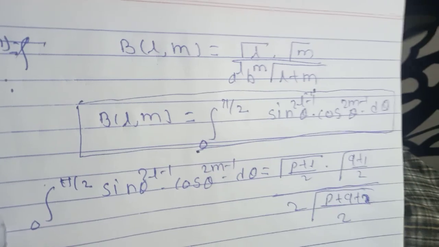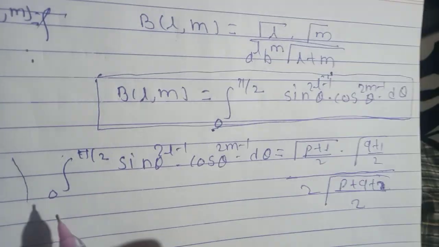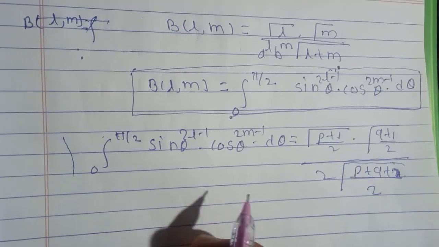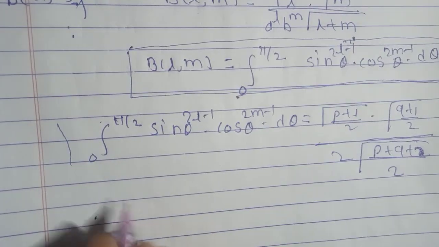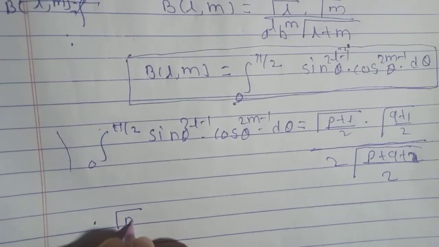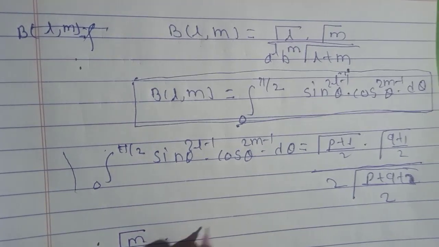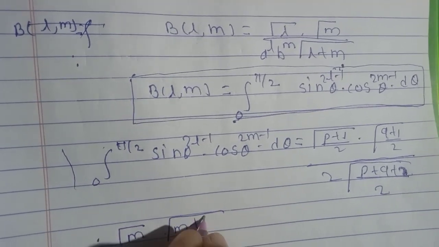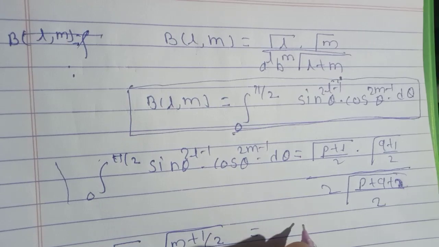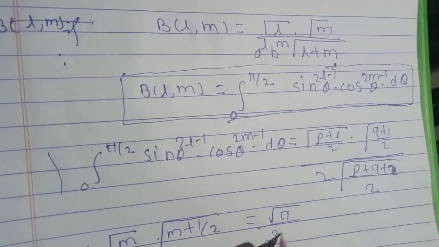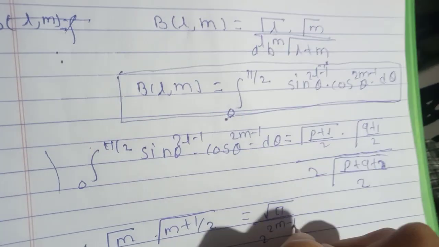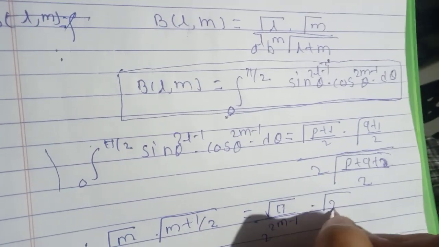This is also an important formula. Then last is the duplication formula of gamma function, that is gamma of m into gamma of m plus 1 by 2 is equal to root of pi divided by 2 raised to 2m minus 1 into gamma of 2m.